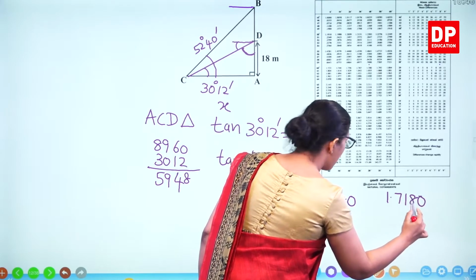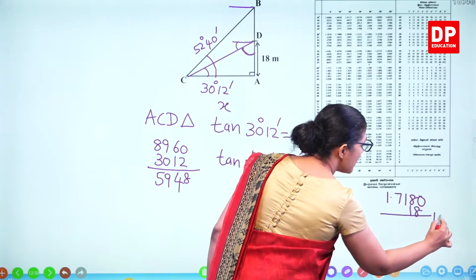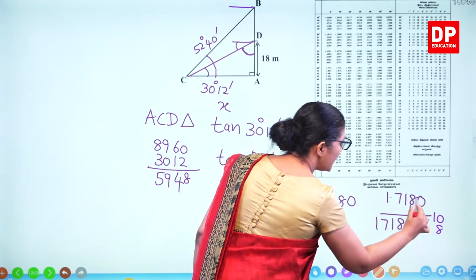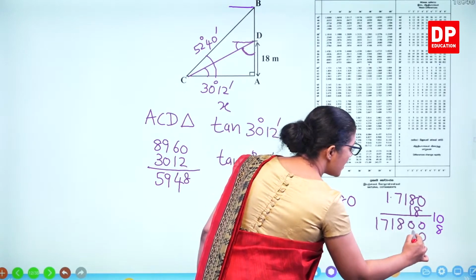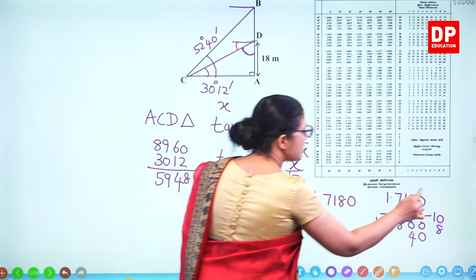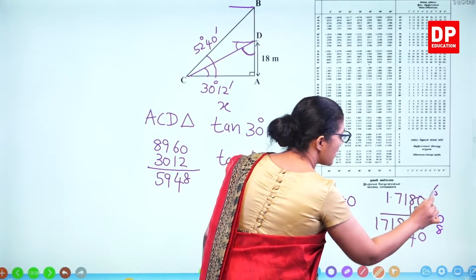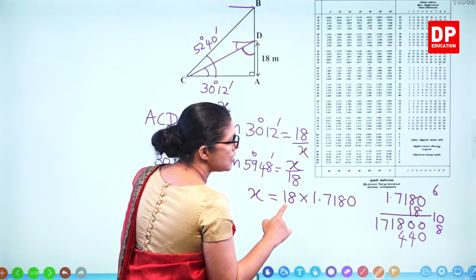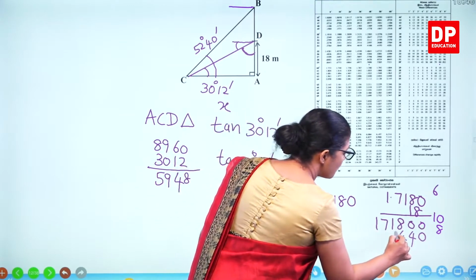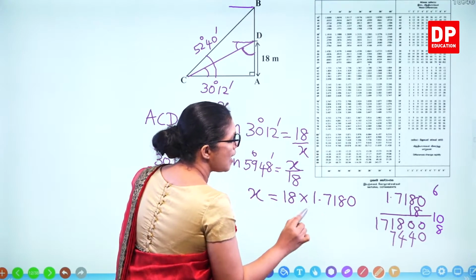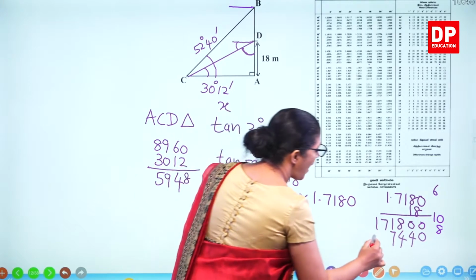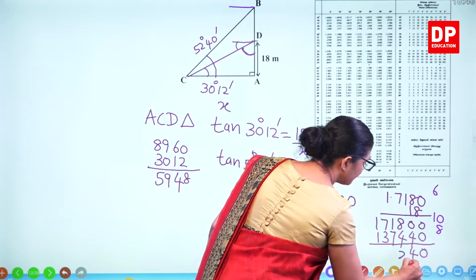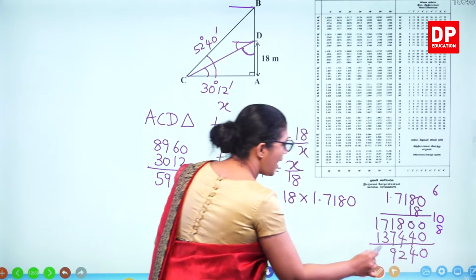1.7180 multiplied by 18. 8 times 0, 0. 8 times 8, 64. 6 is there. 8 times 1, 8 plus 6, 14. 1 remaining. 8 times 7, 56, plus 1, 57. 5 is there. 8 times 1, 8. 8 plus 5, 13. And add it.